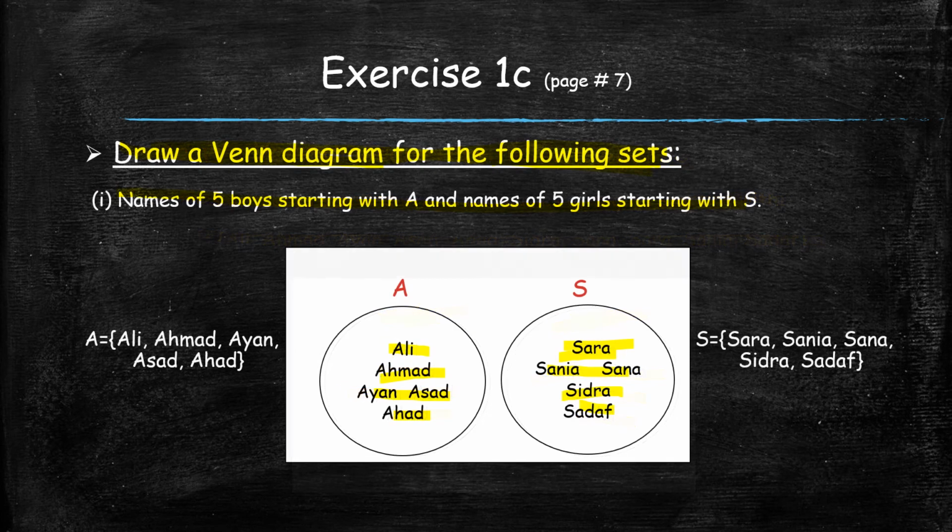Okay, as you can see here, I have named this circle with capital letter A and this one with capital letter S, and I have written here that A is equal to Ali, Ahmed, Ayan, Asad, Ahad, meaning the names of 5 boys starting with letter A, and names of 5 girls starting with letter S. So by looking at this, one can easily understand that set A is showing the names of 5 boys starting with A, and similarly the set S is showing the names of girls starting with S.